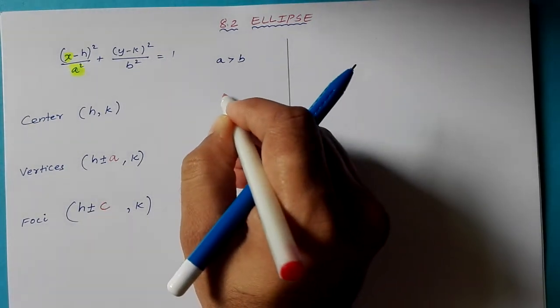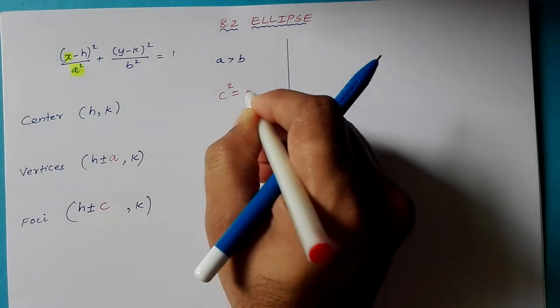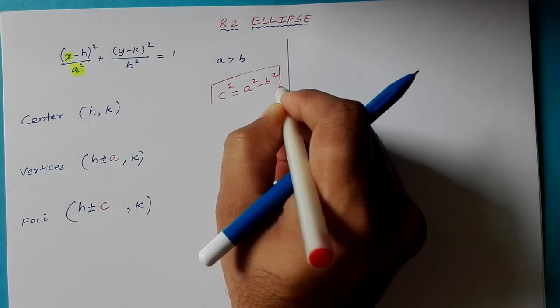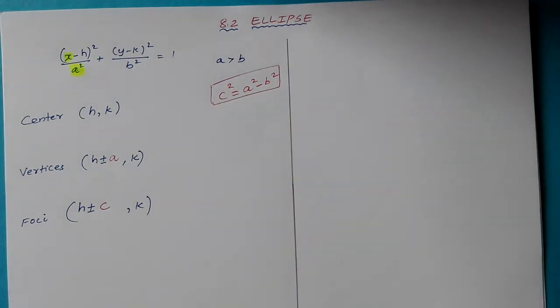What is c? c square is equal to a square minus b square.